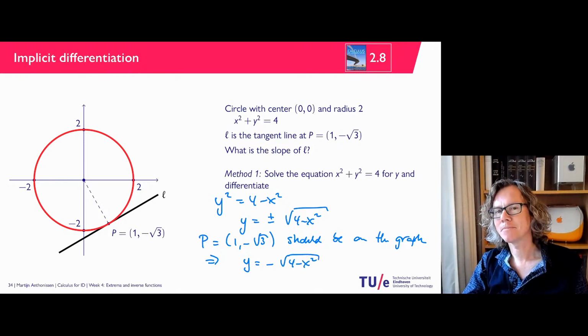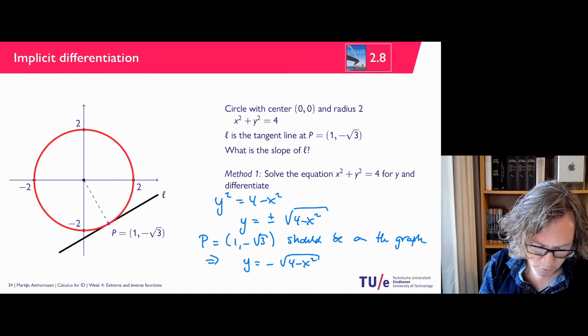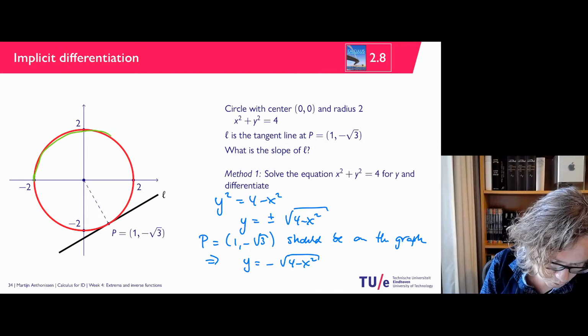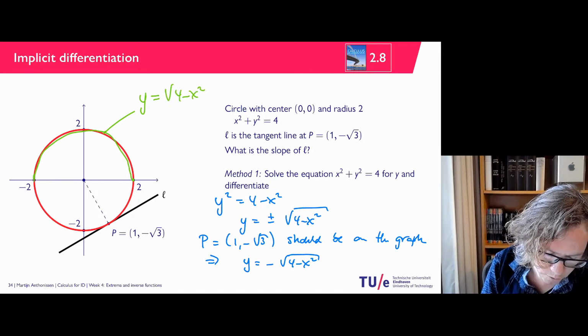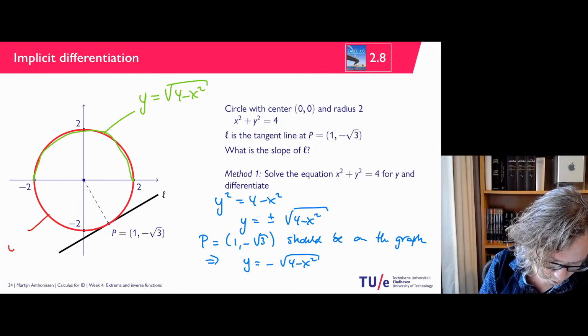If you think a little bit about this, you will easily see that if you look at the top part of my circle, this bit, the green bit, is y equals plus the square root of 4 minus x squared. And the bottom bit, that's still in red here, is y equals minus the square root of 4 minus x squared.